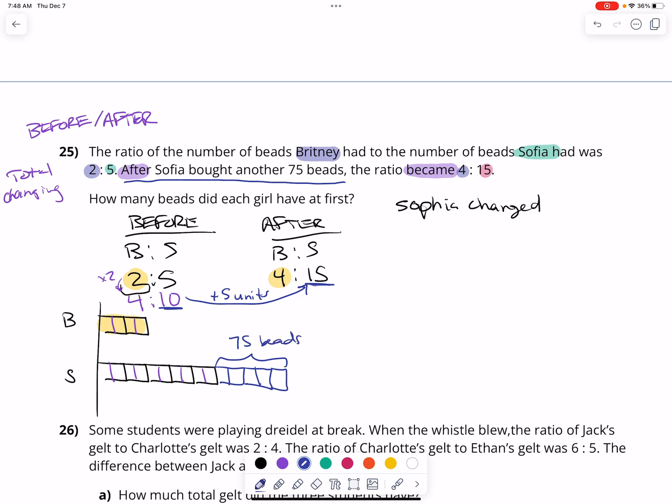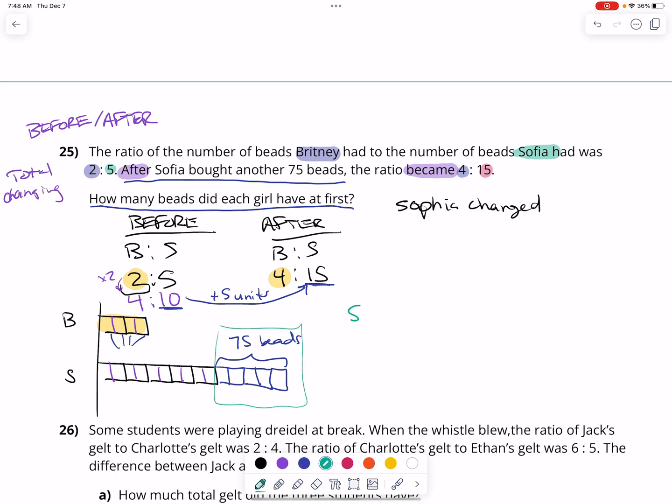So this so far is basically just organizing the information, and we haven't even gotten to solving our question of how many beads each girl had at first. Well, in order to figure that out, we need to see what the value of each one of those little boxes is.